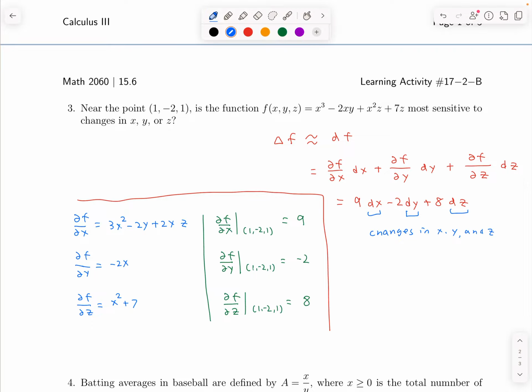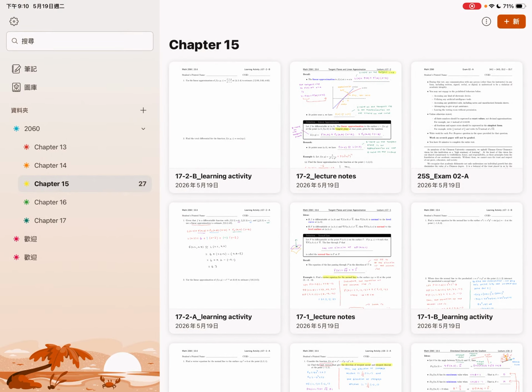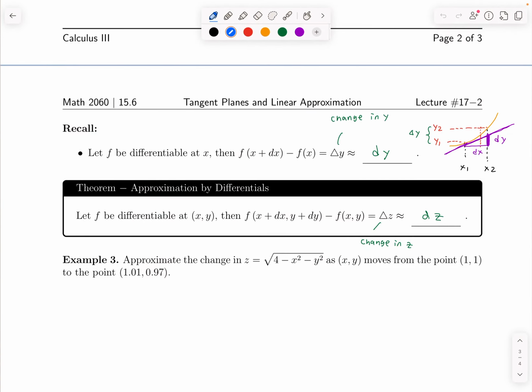Now, let's go back to our previous lecture note for a while. Right here, you can see that we say that this length is dx, and this is your dy. But you notice that dx happens to be your delta x. So if you try to extend this idea, dz is not the same as delta z, but dx and dy are the same as delta x and delta y.